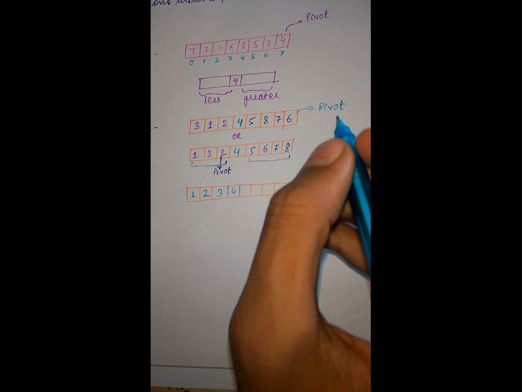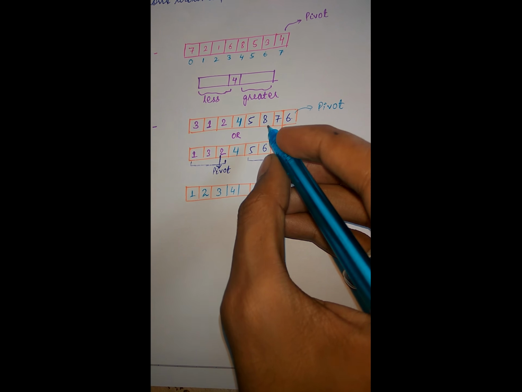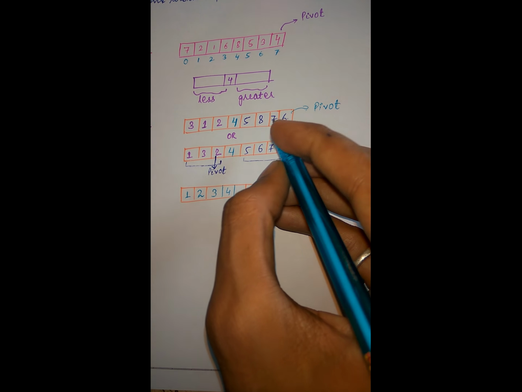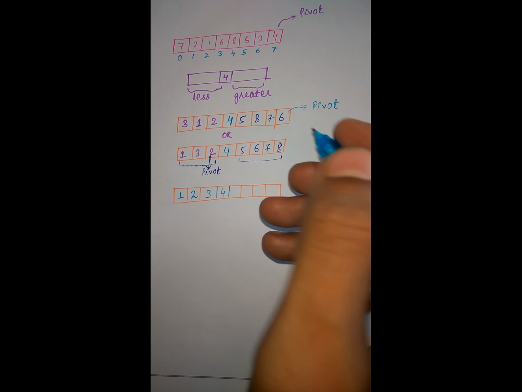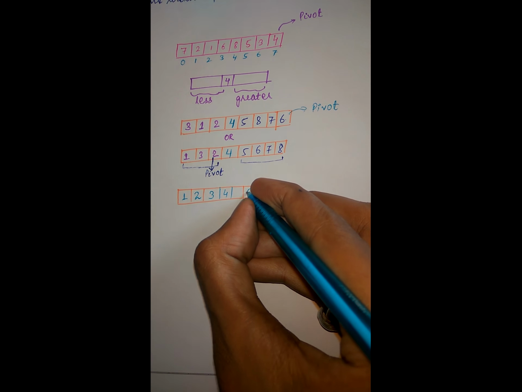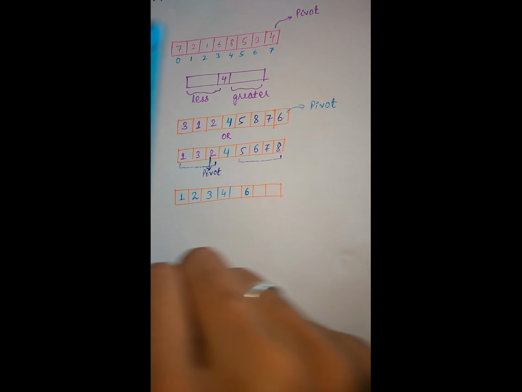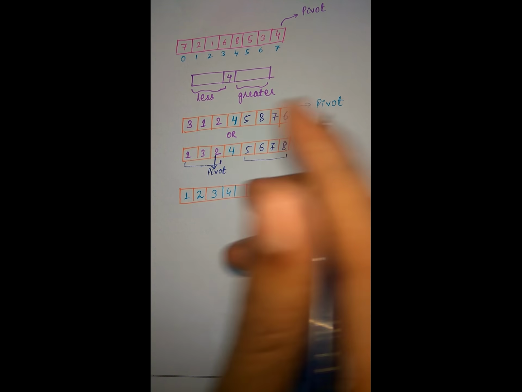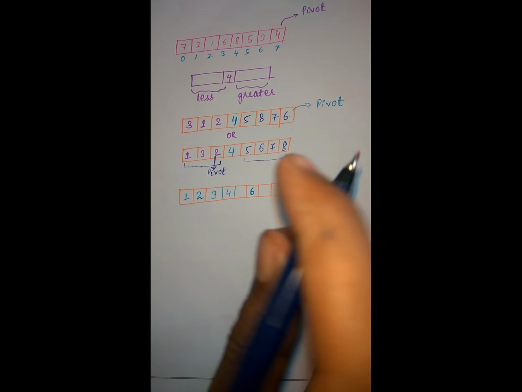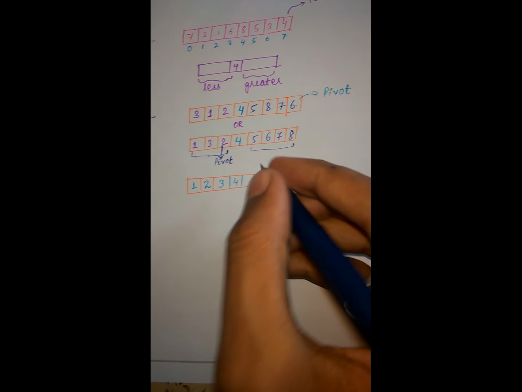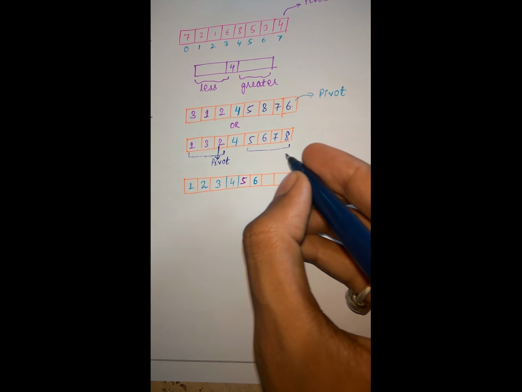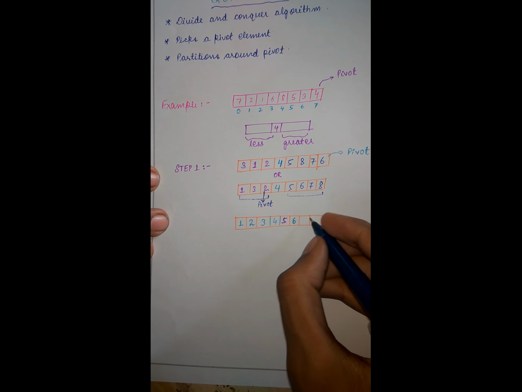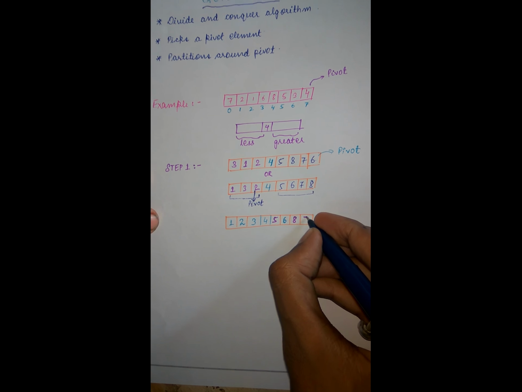So we'll arrange it in such a way that the elements greater than the pivot would be to the right and the elements which are less than the pivot would be to the left. Here is our pivot. Now the elements smaller than the pivot, there is only one element, that is 5. So 5 would be placed to the left and the elements greater than the pivot, that is 8 and 7, would be to the right.